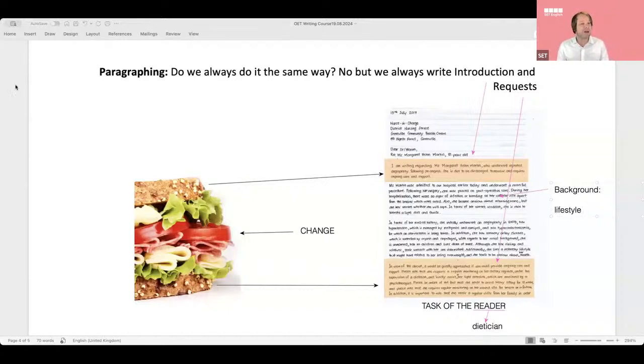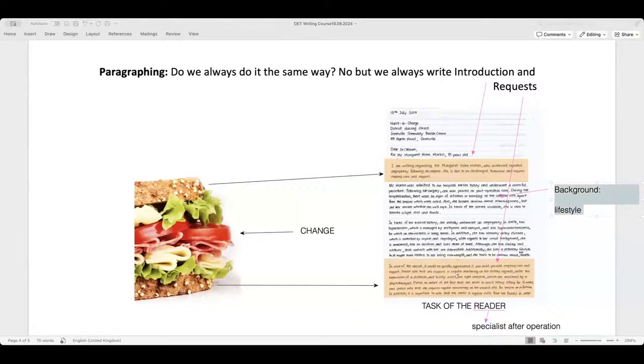Okay. Let's say though, imagine I'm writing to a specialist after an operation. What do we think we should have as paragraph 2 in this case? I'm writing to a specialist after a very important operation. Paragraph 2.